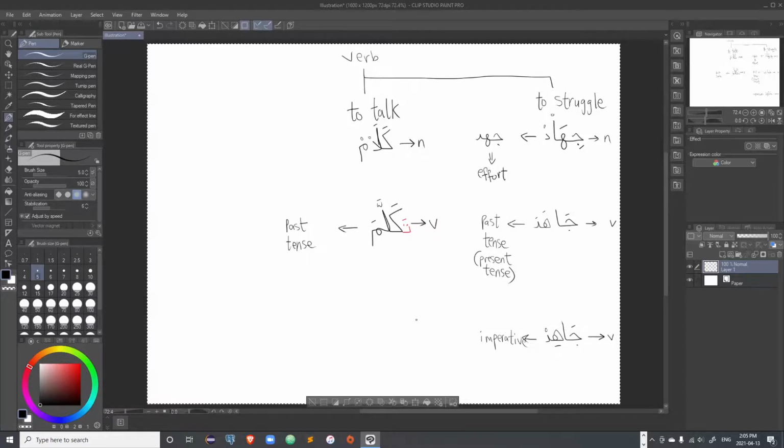For the imperative, and I will write imperative here. And it would be كلم. Again, even though the root is 3 letters, it does not start with a connecting hamza.